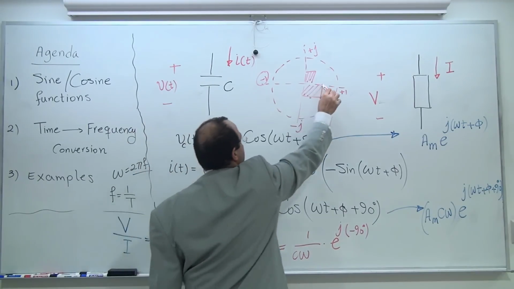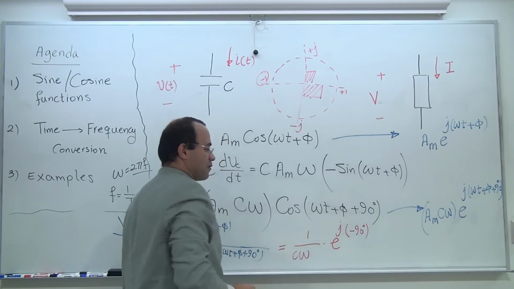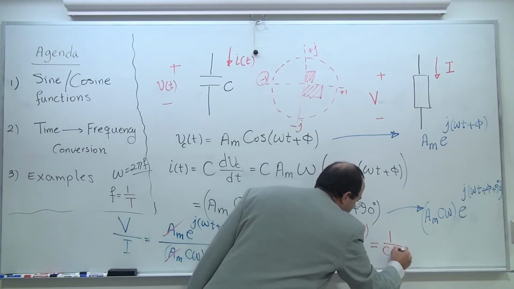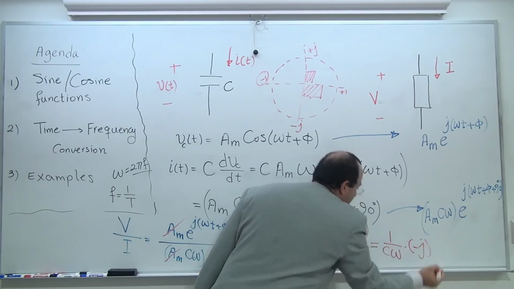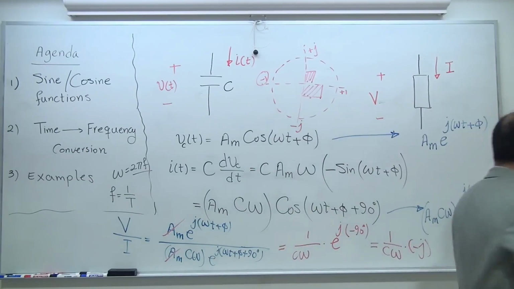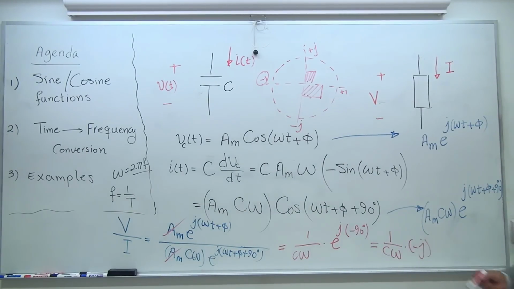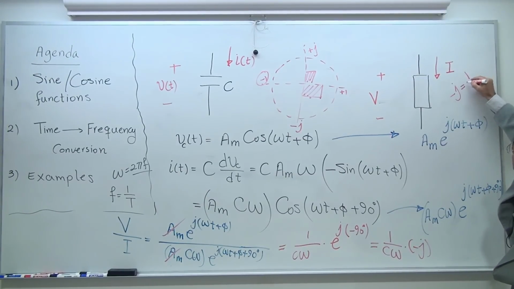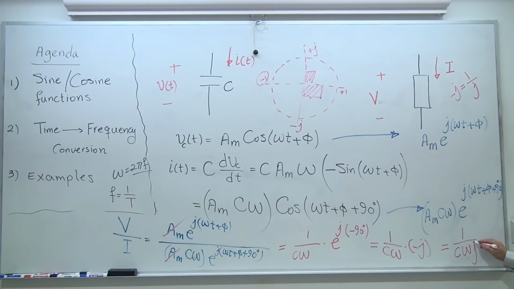So if you have minus 90 degrees, you've got yourself minus j. This one is going to be 1 over C omega times minus j. In many textbooks, they put the minus j in the denominator. We know when we define what j is, that minus j is actually equal to 1 over j. This one is equal to 1 over C omega j.